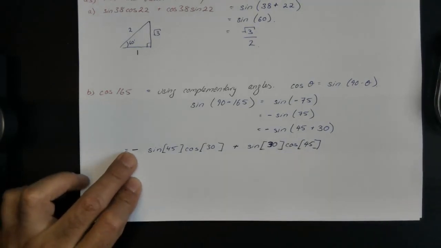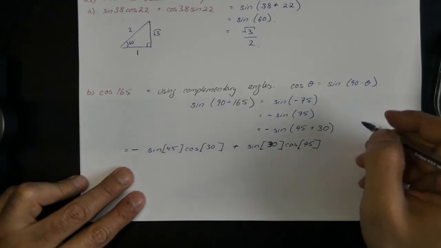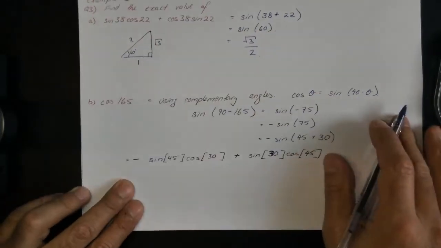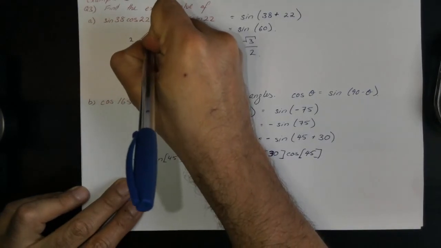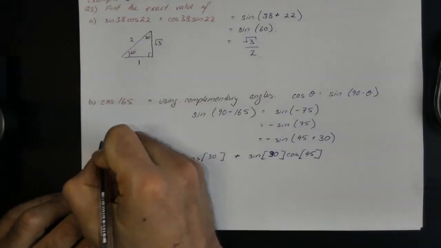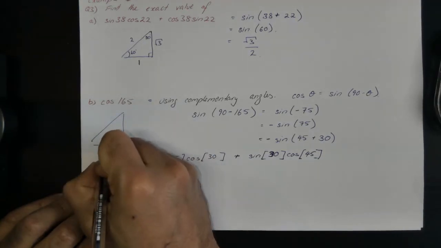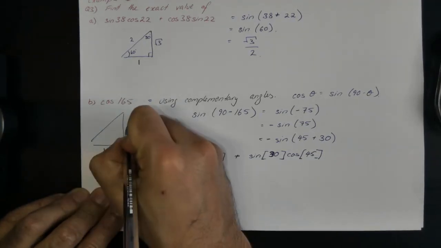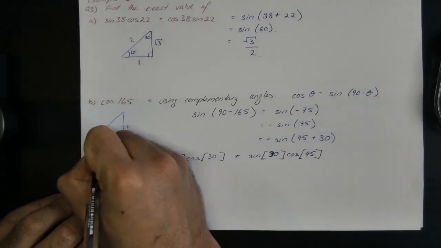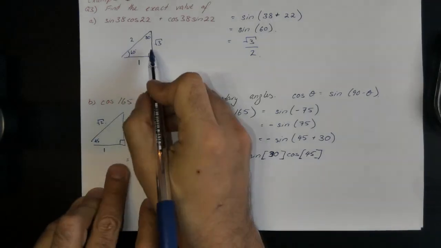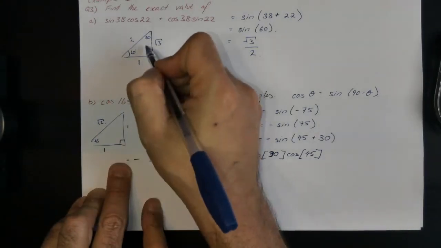Now, getting our exact triangles, using this one up here. And the other triangle we have is 1 and 1, square root 2. So exact triangle 1, 1, square root 2.